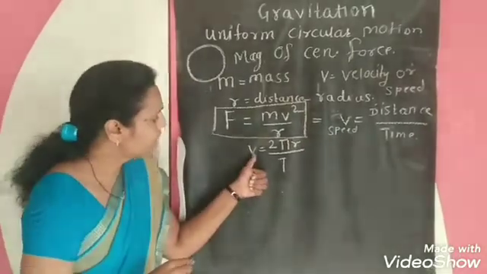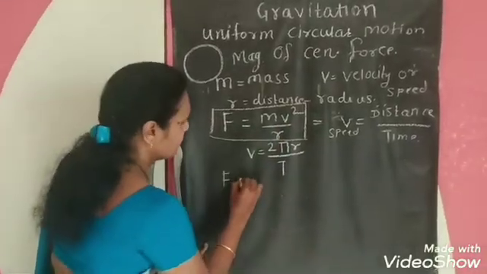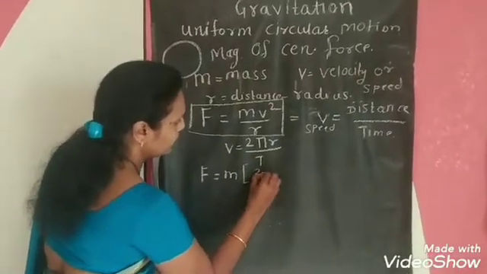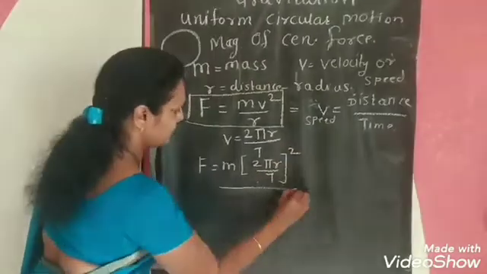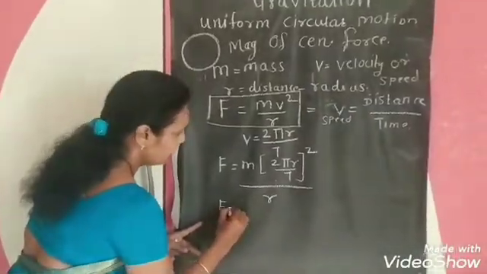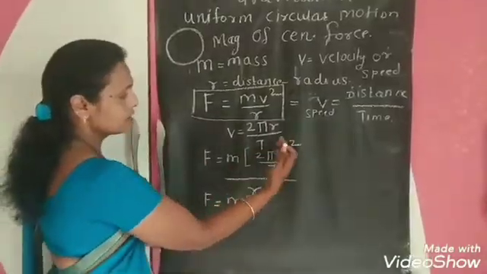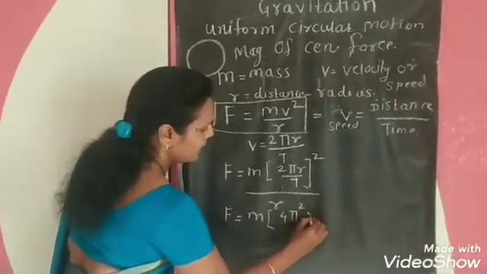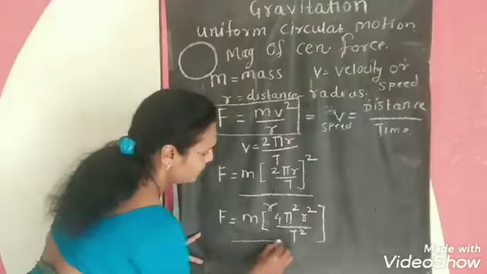Suppose we put the value of V in this place, then how can we write? F is equal to m into (2 pi r upon t) whole square, divided by r. Next, F is equal to m into bracket, the square of 2 is 4, pi square, r square divided by t square, and upon r.